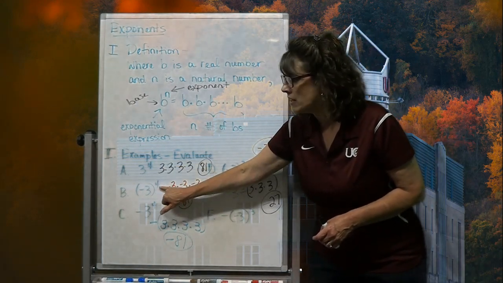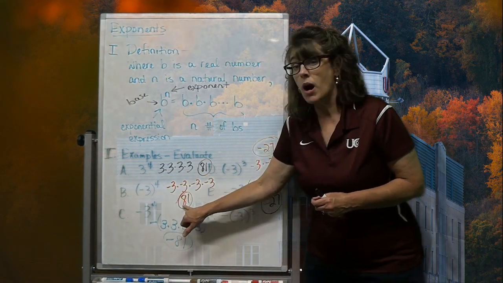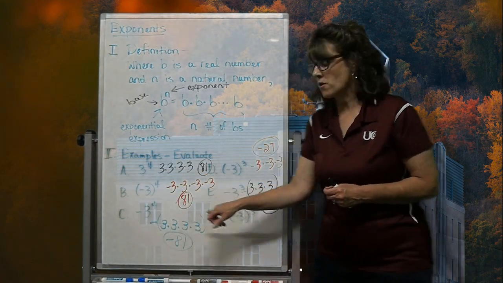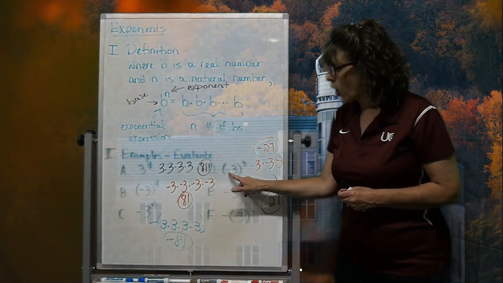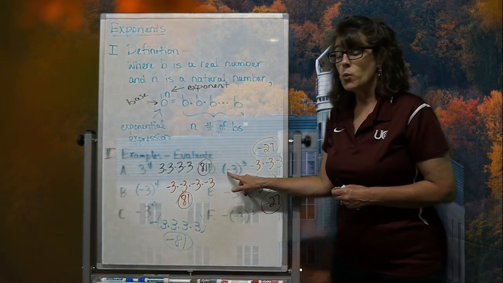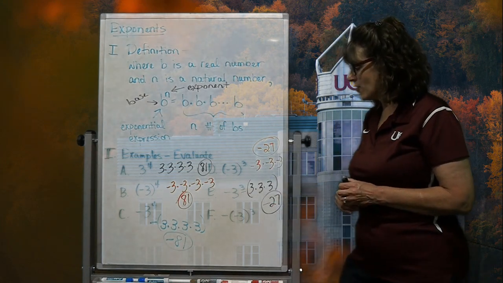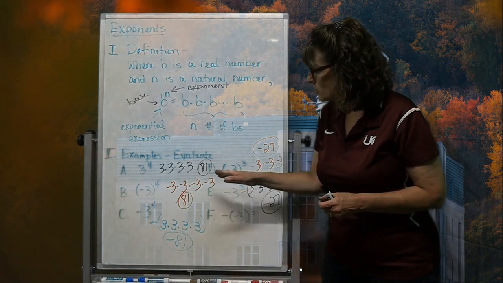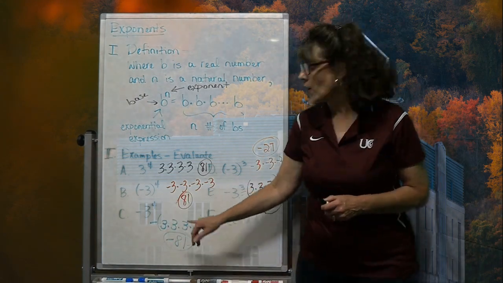So the difference between what I see here and what I see over here, notice that when my exponent is even, because an even number of negatives will be positive, it's not going to change the result here. But here, when my exponent is odd, an odd number of negatives will definitely give me a negative, and it will not change the result here either. I'm sorry, I was looking at the wrong one.